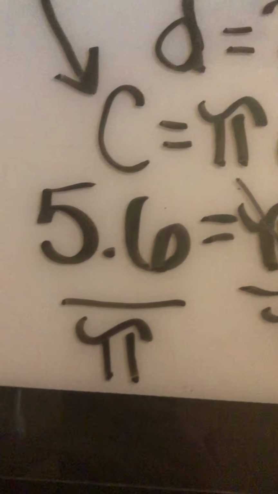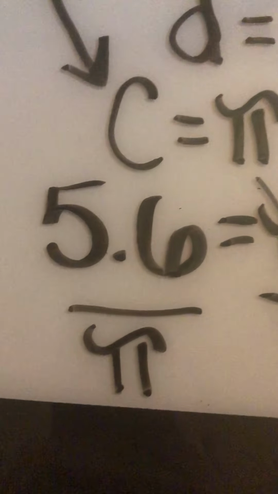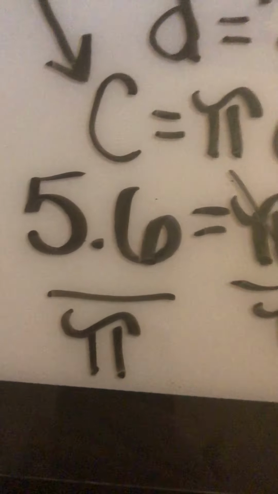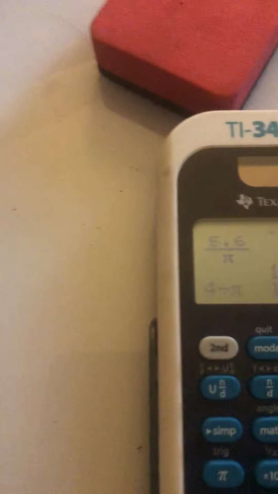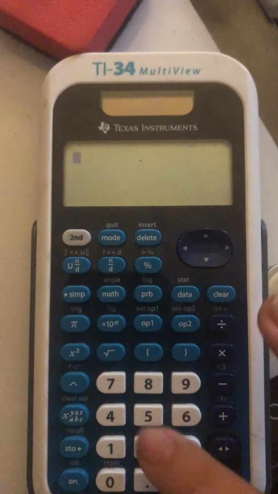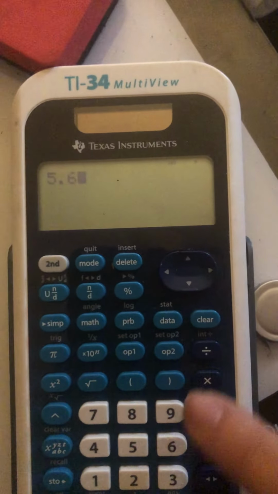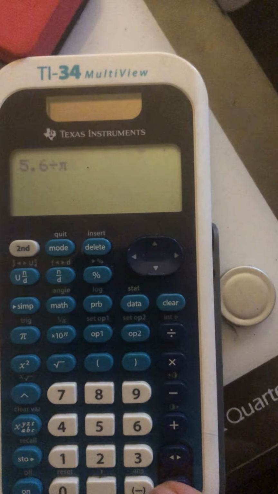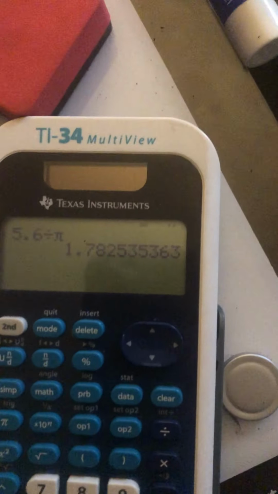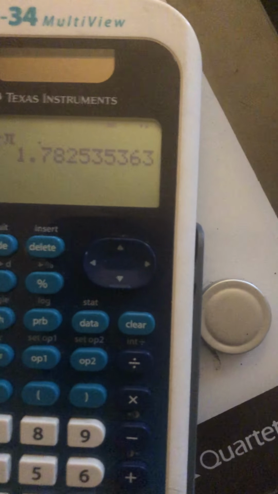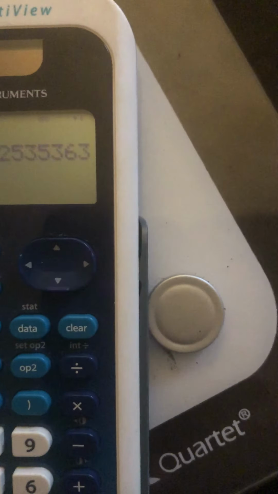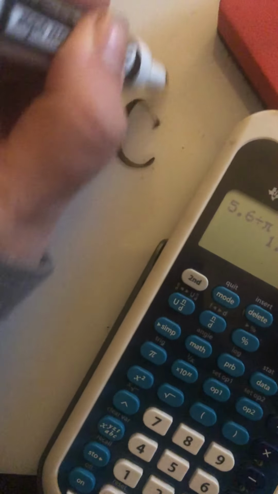But over here, we're going to have to actually do that calculation. So I'm going to go to my calculator and do 5.6 divided by pi. And we get this lovely irrational number of 1.782 and so on. And that is going to equal our diameter.